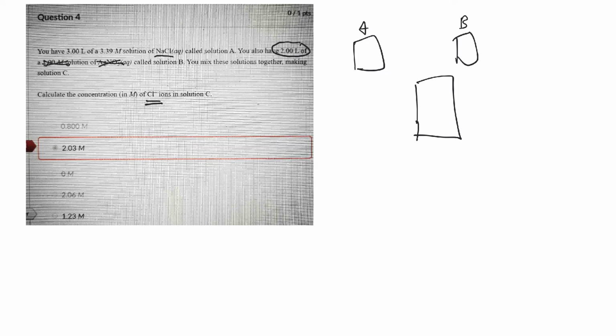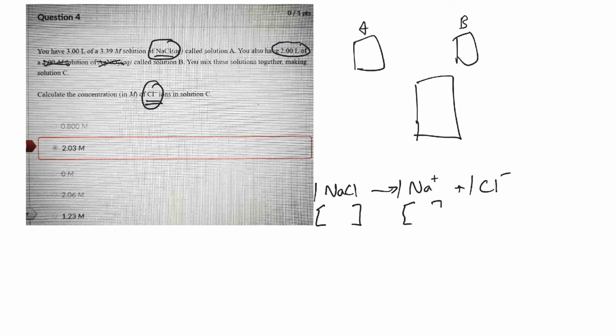So in this case, I'm looking for chloride ions, so I'm zeroing in on that reaction. Sodium chloride dissociates to sodium ions and chloride ions, and it's all 1-to-1. So if I figure out the concentration of sodium chloride, it'll be equal to the concentration of the sodium ions.